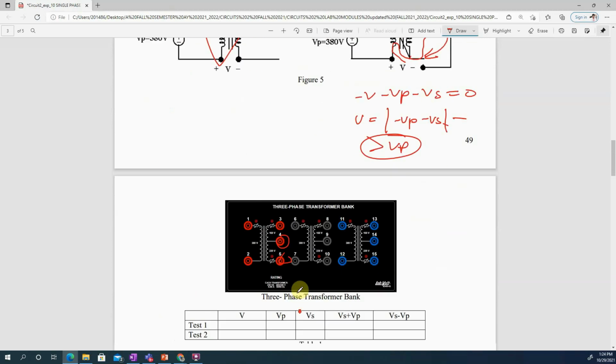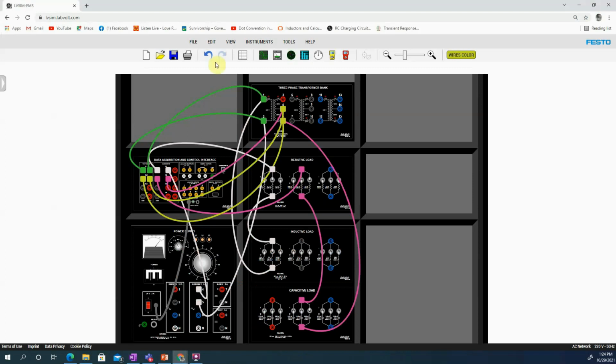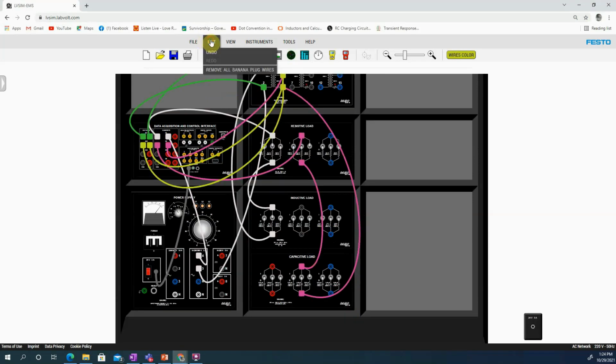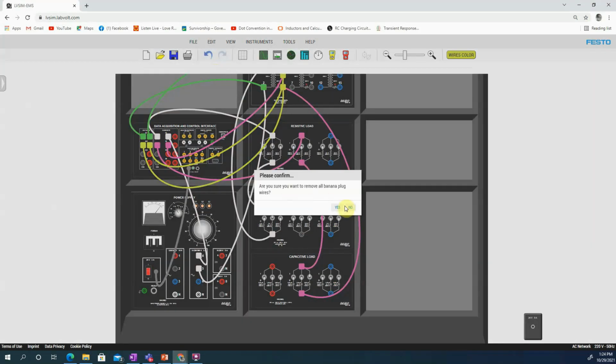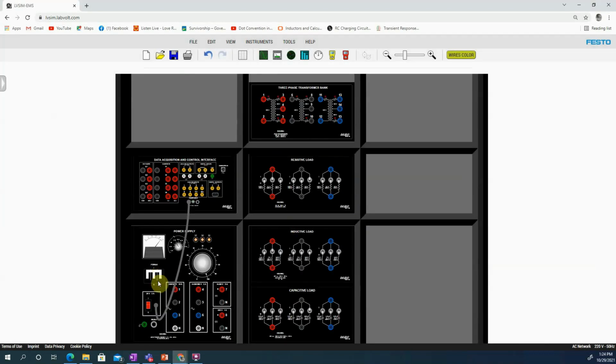So where is that? So let's do it. In this case, let's switch off first. This will be our source, so this will be 220, right? 220 is around here.